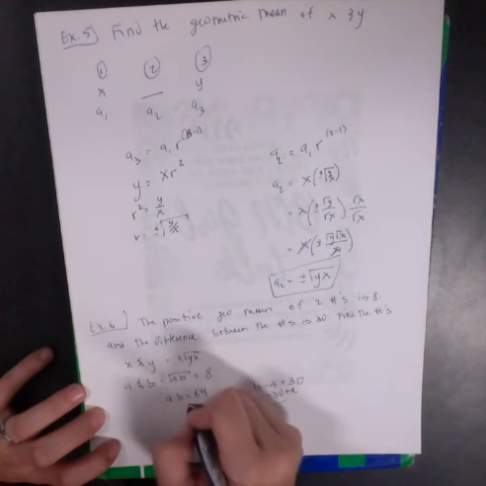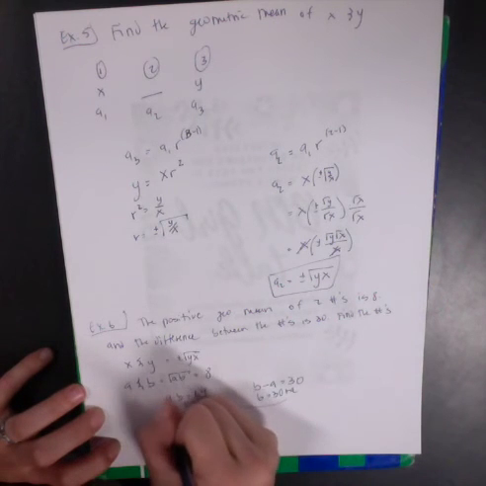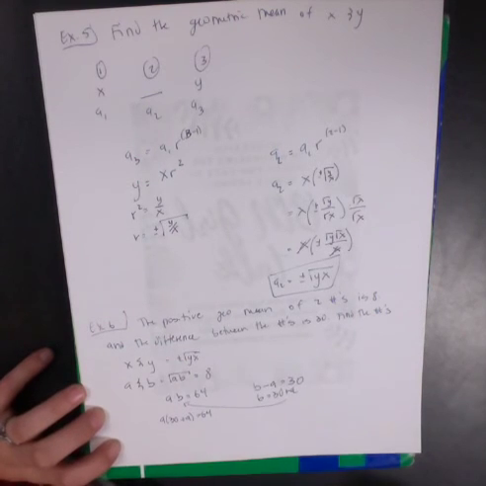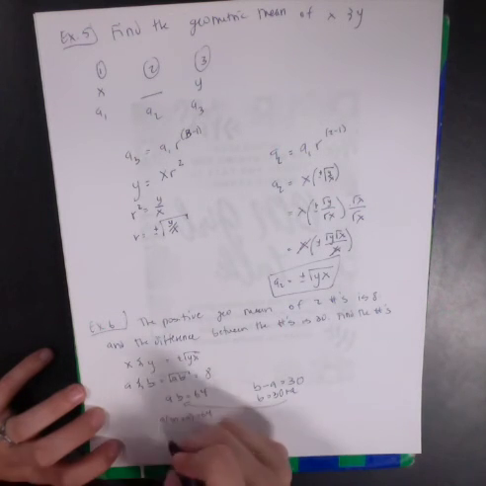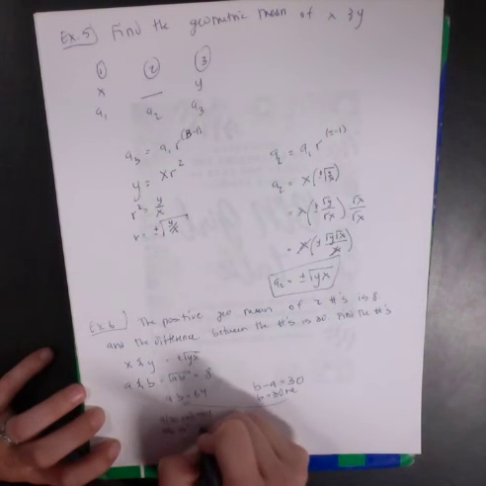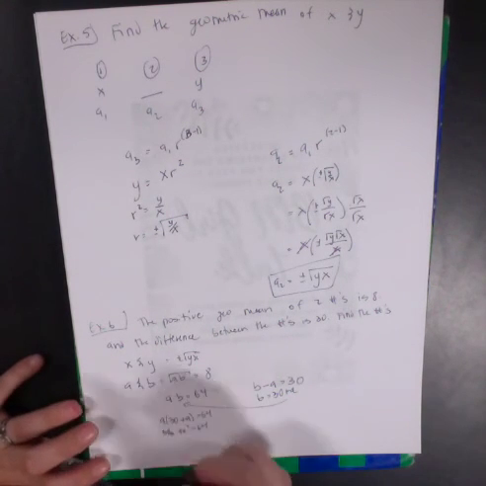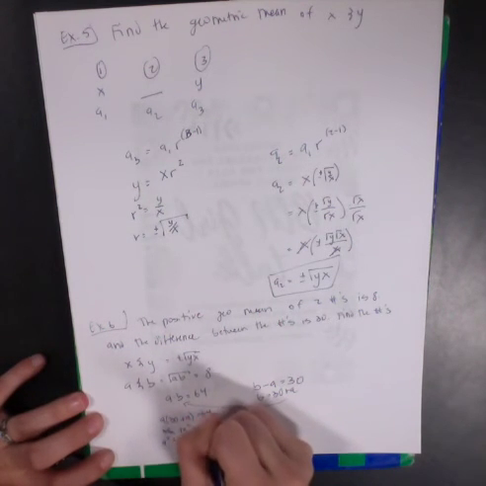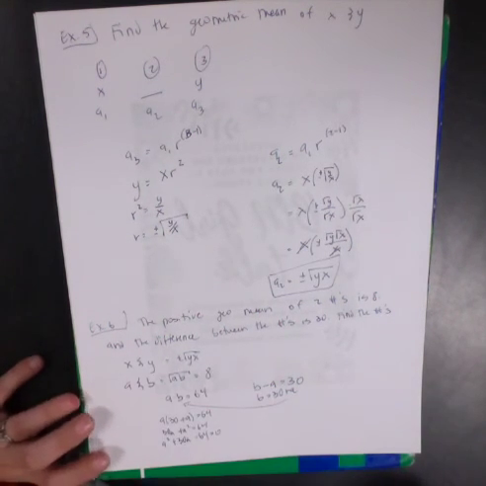And I can plug that in here. So I have a times 30 plus a equals 64. So then I have 30a plus a squared is 64. So a squared plus 30a minus 64 equals 0.